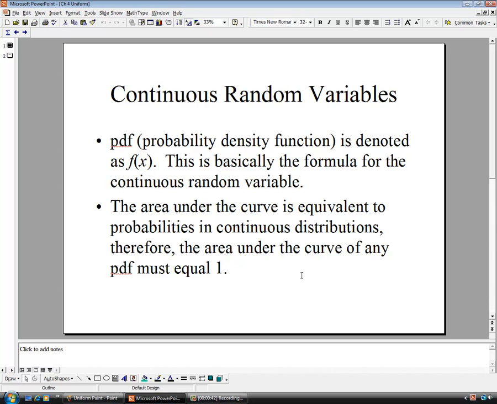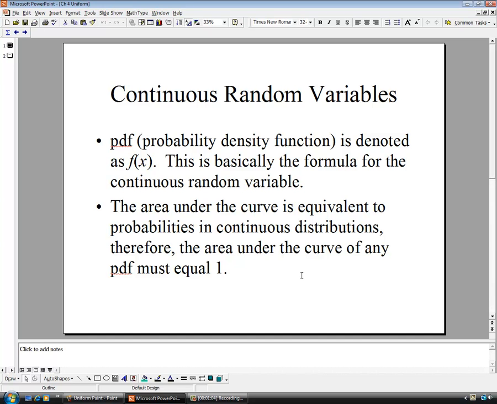We're going to use it very much like the probabilities, where we summed all the probabilities up and they must equal 1. This is the same sort of thing. Now, things that would be considered continuous random variables are anything dealing with, say, time, speed, volume, that sort of thing.